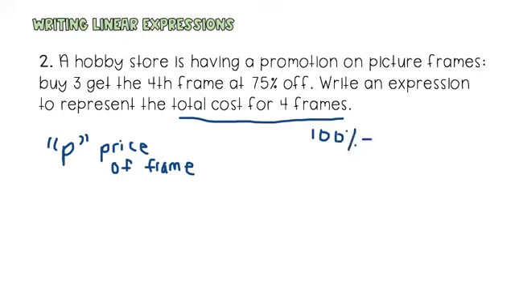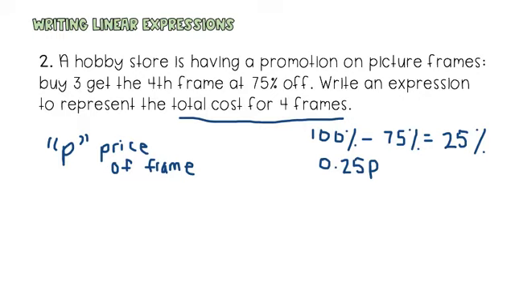So if now we're taking away 75%, that means the 4th picture frame is going to cost 25% of the regular priced frame. I'm going to change this into a decimal, and I'm going to write 0.25P because again, it's 25% of the price.